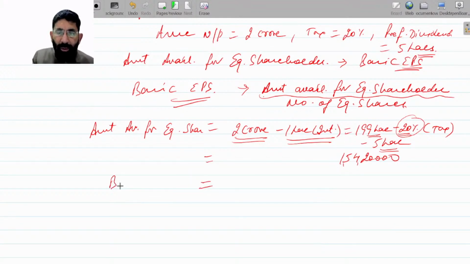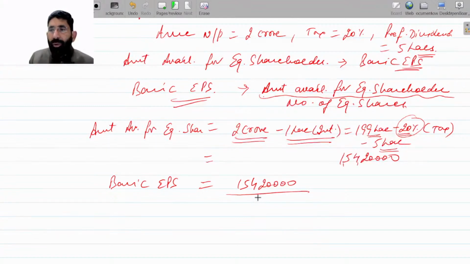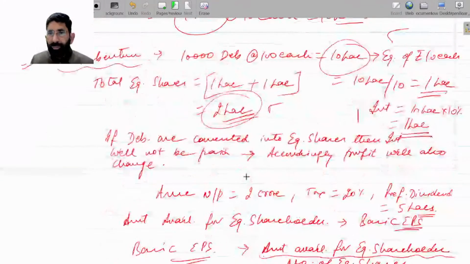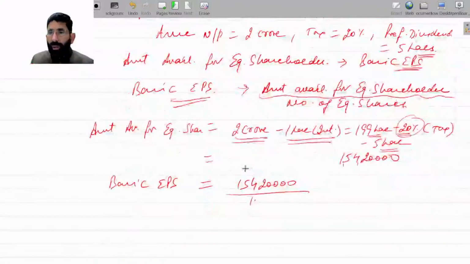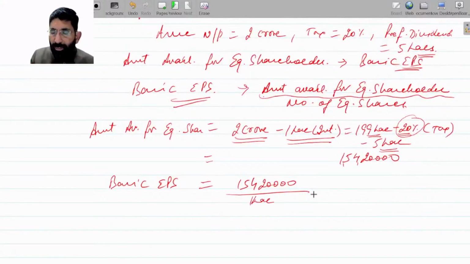Now basic EPS is equal to this divided by number of equity shares. The equity shares were 1 lakh. This was 10 lakh, no? Equity shares are worth 1 lakh. So it is 154.20 per share.